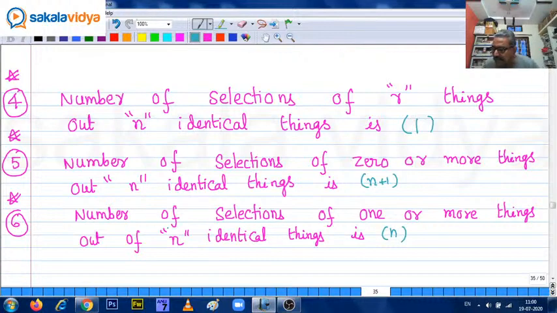Okay, this I will discuss later. One for the fourth point, yes, one only, right?